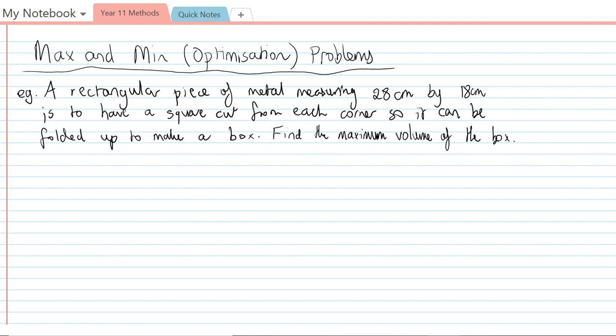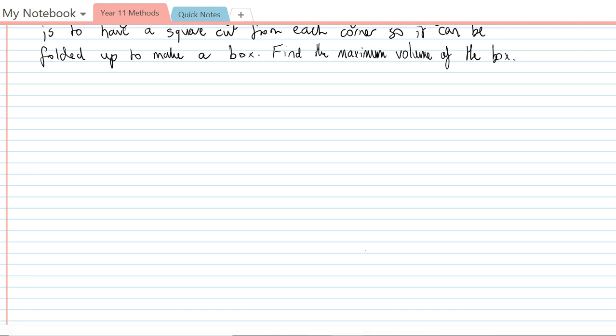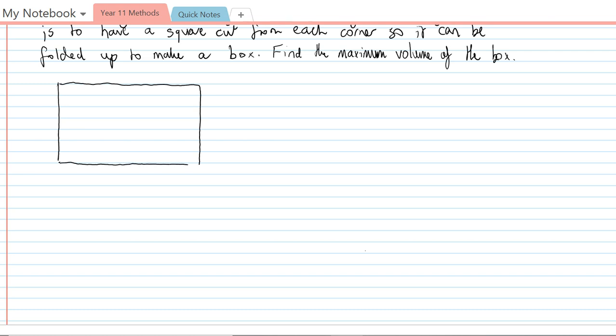Okay, so first things first, I'm going to draw a diagram for this and see if I can visualize what's going on. So we have a rectangular piece of metal measuring 28 by 18, and it's going to have a square cut out of each corner.